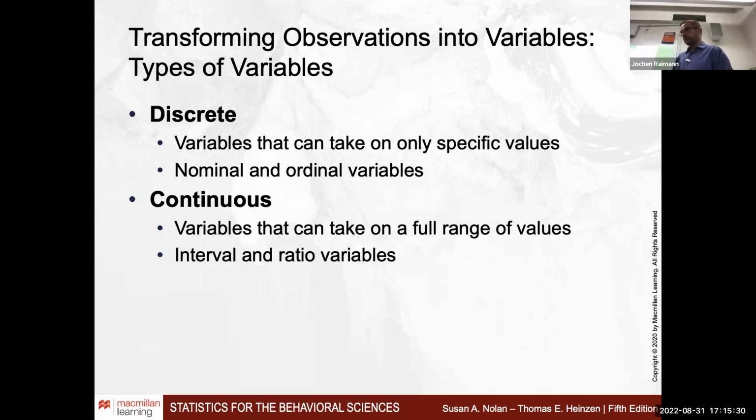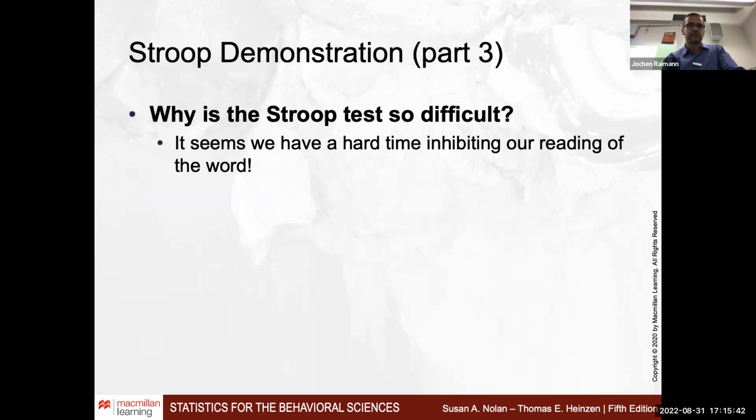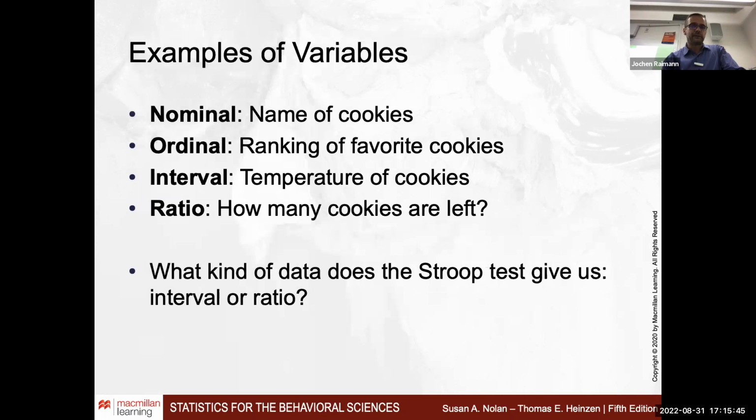Ratio variables are also equally spaced, but they do have a meaningful zero. And maybe, so there I'm getting some skeptical looks. So that's why I'm going a little forward, because this is essentially my favorite example.